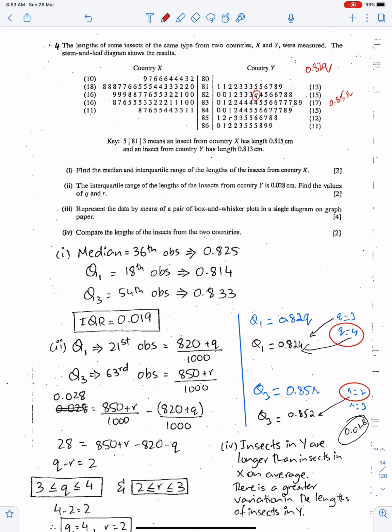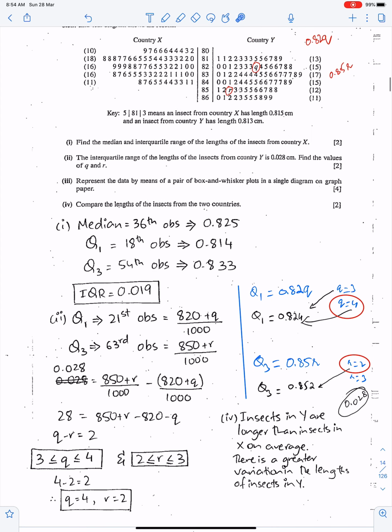It's here. And then get Q3. Q3 is the 63rd observation, which is this. 0.85R. It's here. Now see, since a stem plot is always in ascending order, the value of Q is either 3 or 4, and the value of R is either 2 or 3.